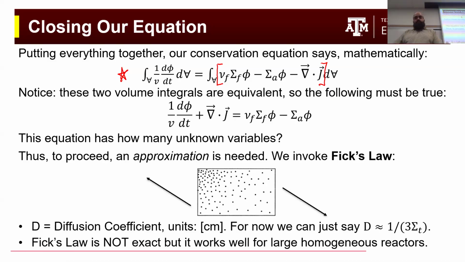Which is nice. That means I'm closer to solving the problem, but I still have an issue, which is the number of unknown variables. If y'all are looking at this middle equation here, how many unknown variables do we have at this point?